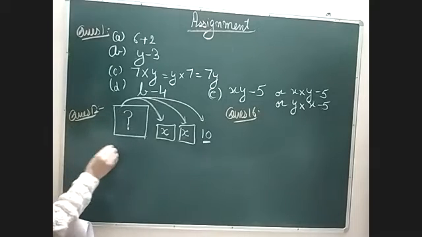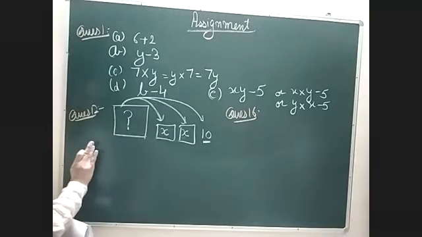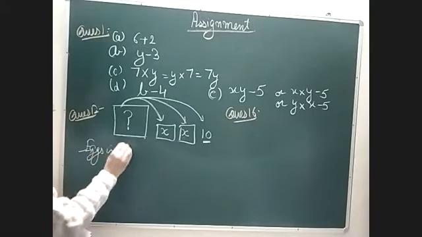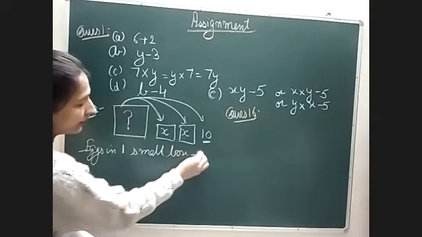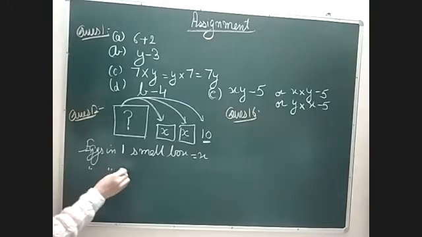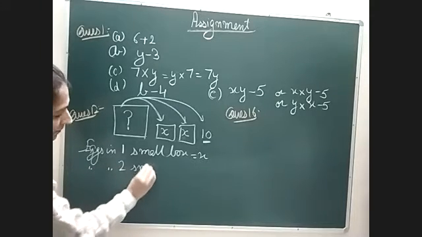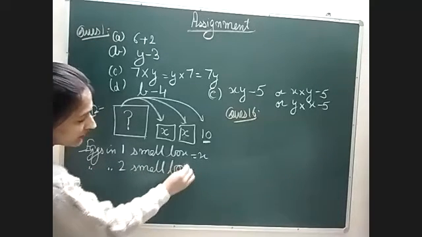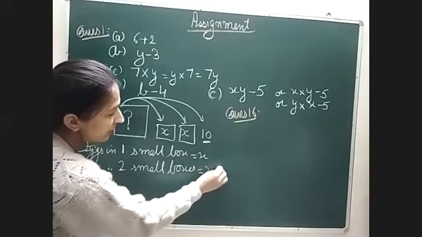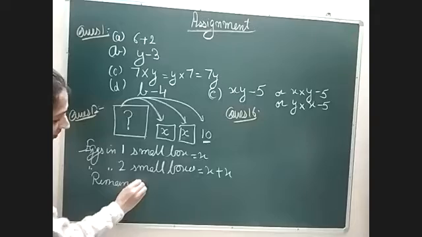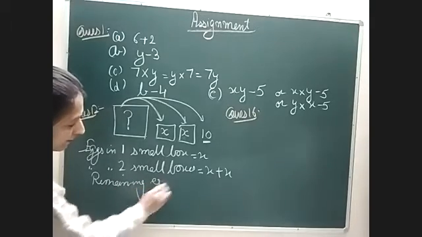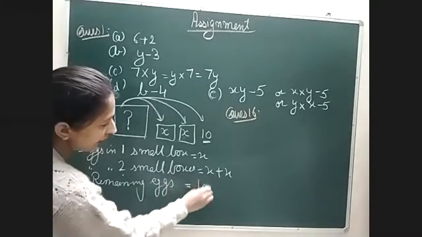So how will we write? x in 1 small box, that is x in 2 small boxes, कितने हो जाएंगे? That will be x plus x. Then remaining, and how many will be remaining? 10. Okay.